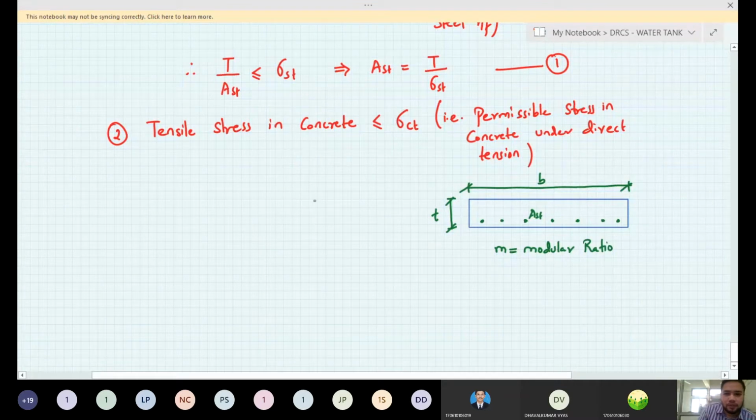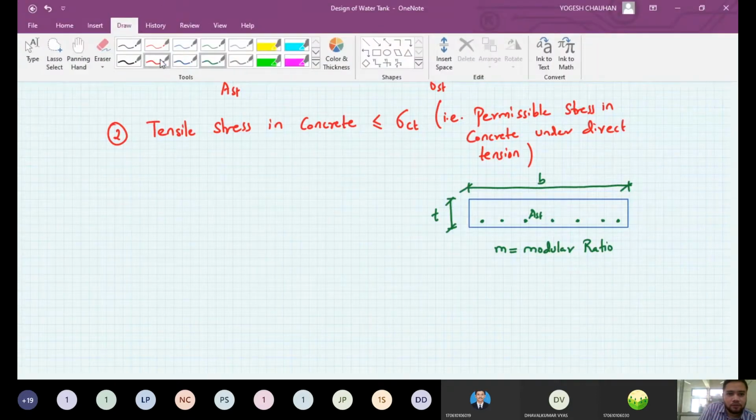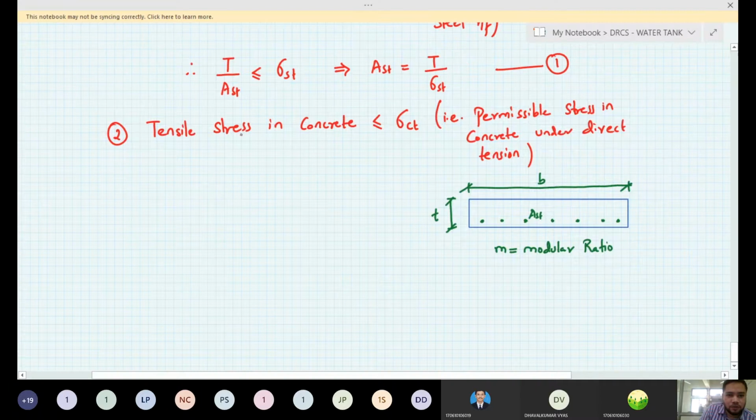For this case, the tensile stress in concrete will be T divided by the equivalent area of the concrete, and this should be less than sigma CT.